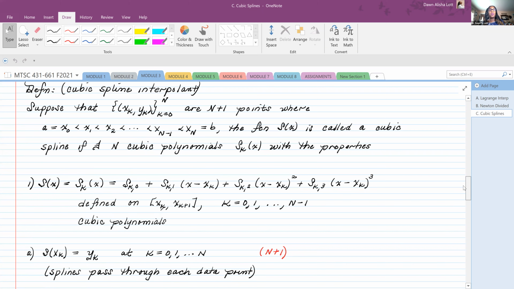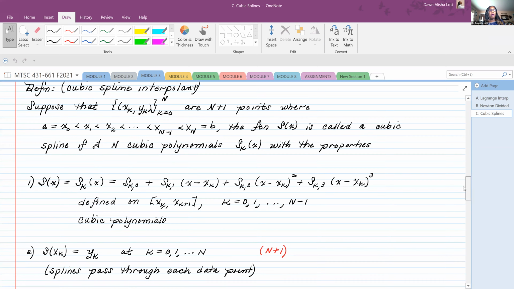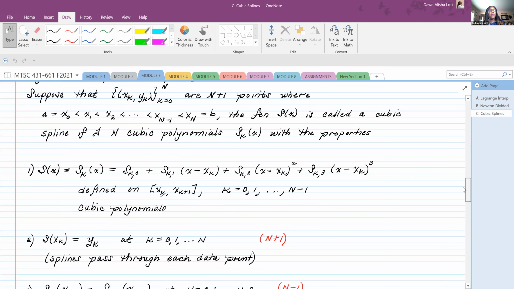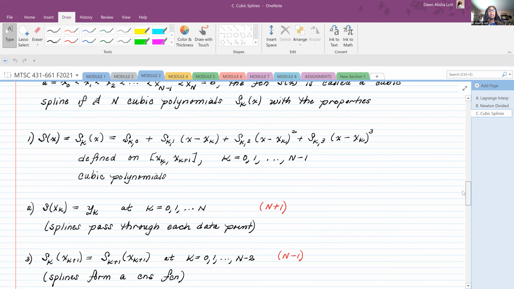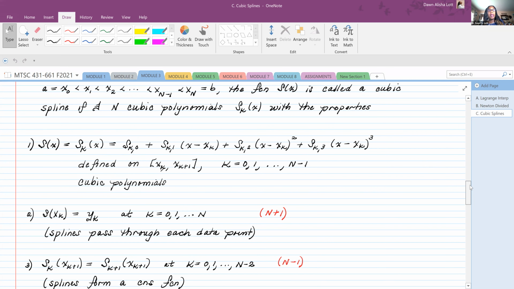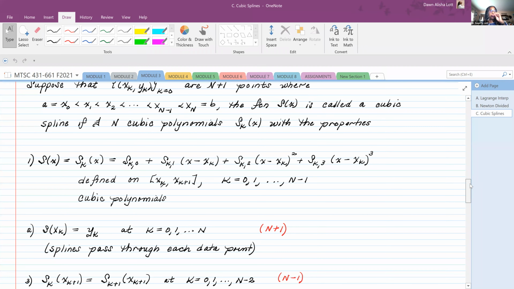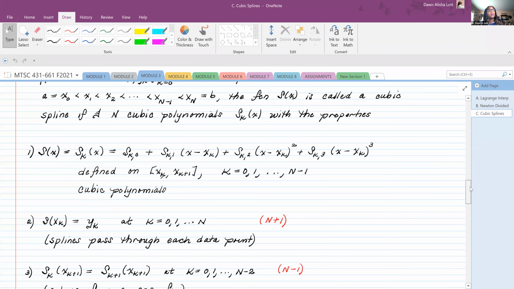We had n+1 points from 0 to n, and they are in order. We then went and defined the kth spline. So that spline is on the interval xk to xk plus 1. So there are n spline interpolants. So we defined them.